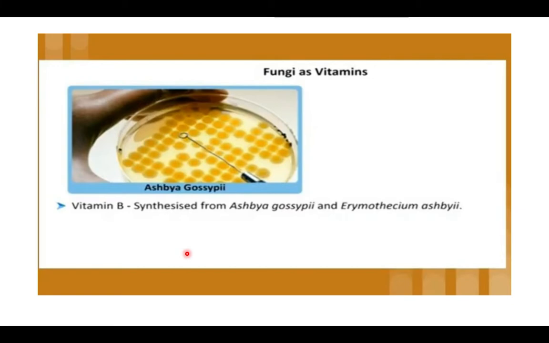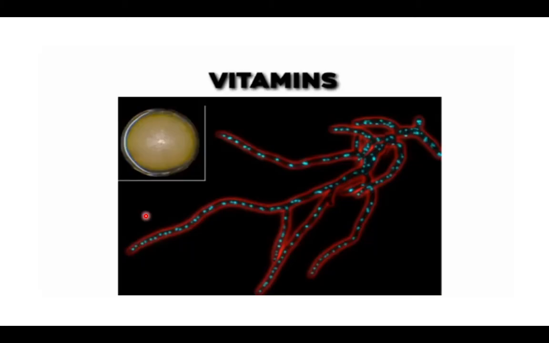So what are the two kinds of fungus? Ashbya gossypii and Eremothecium ashbyii. They are used to produce vitamin. What vitamin? Vitamin B2, it's riboflavin. See, this is a picture denoting the productivity of vitamin riboflavin.